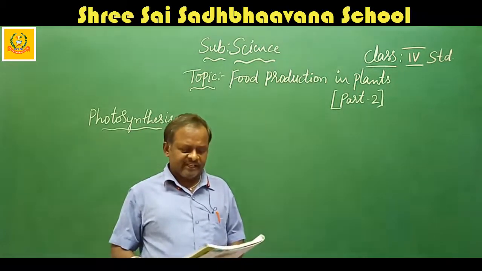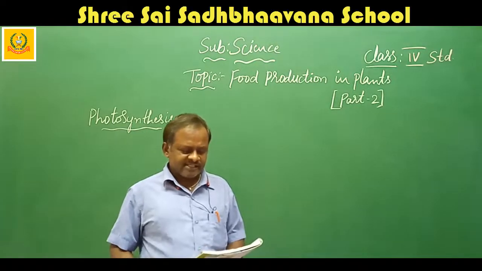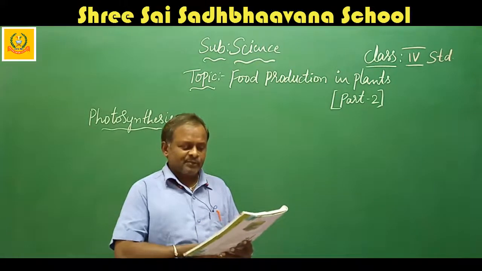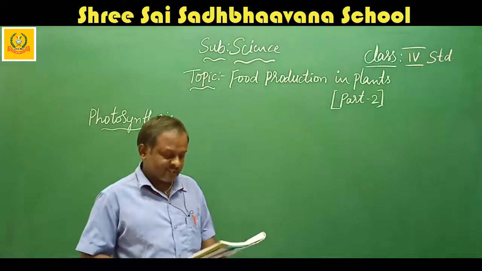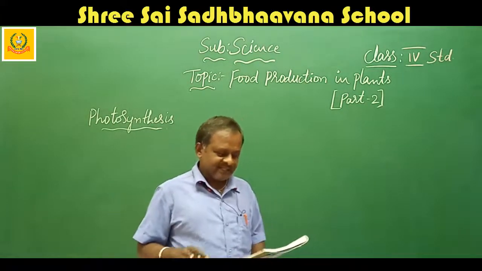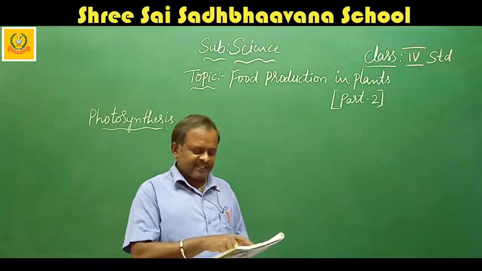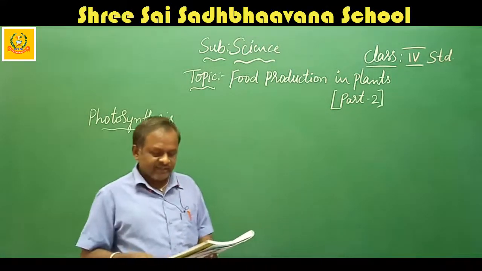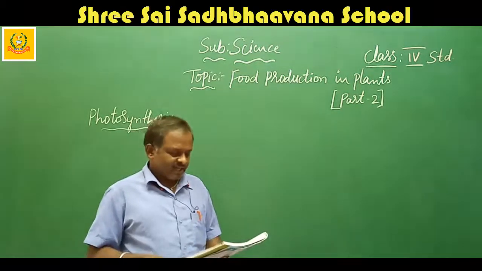Plants use the food in a number of ways for their survival and growth. They need food to repair worn out cells and build new cells. Plants release oxygen and absorb carbon dioxide during photosynthesis.